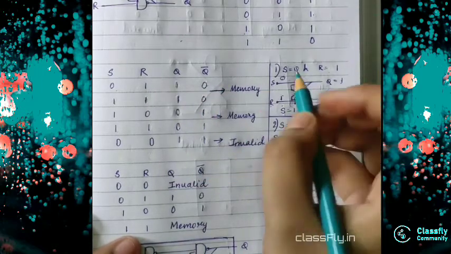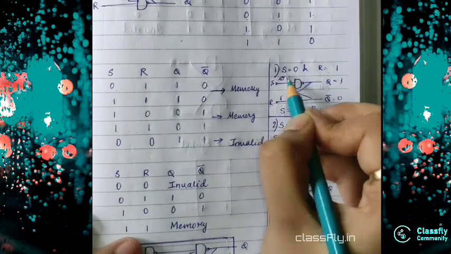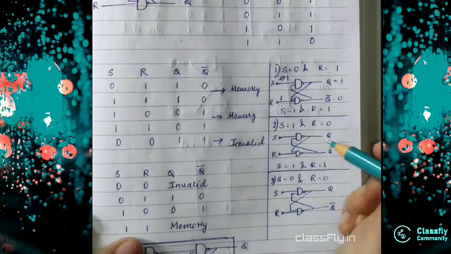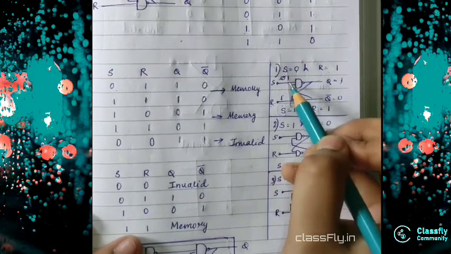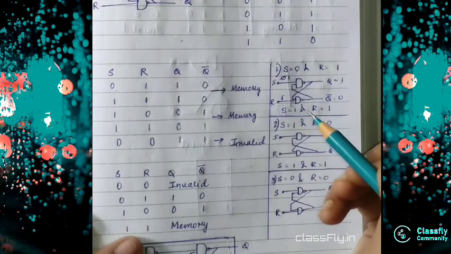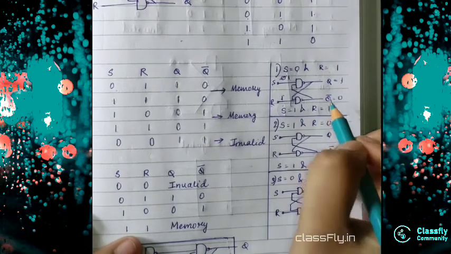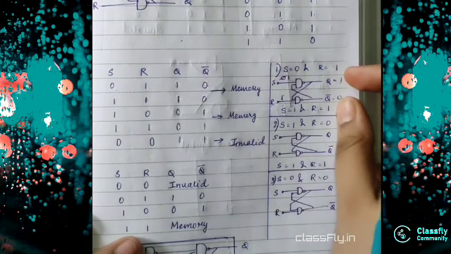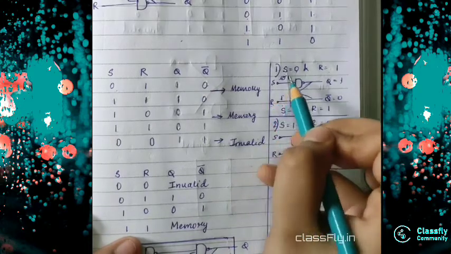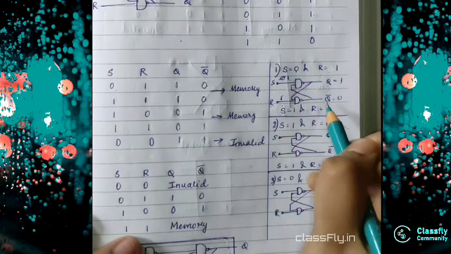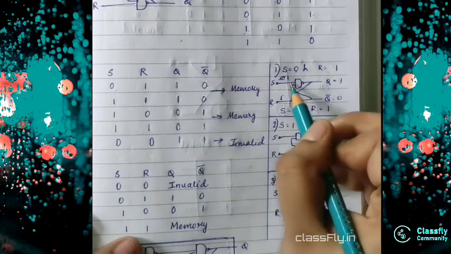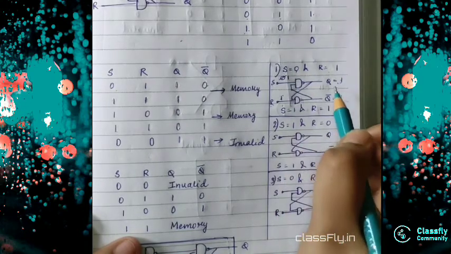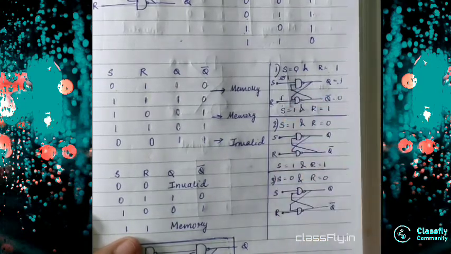Now we will change the value of S to 1. We know that 1 and 1 is 0, right? But this will not change the output, we only change the reset value. So this 0 will go here. So 0, 1 is 1, and we know that 1, 1 is 0.